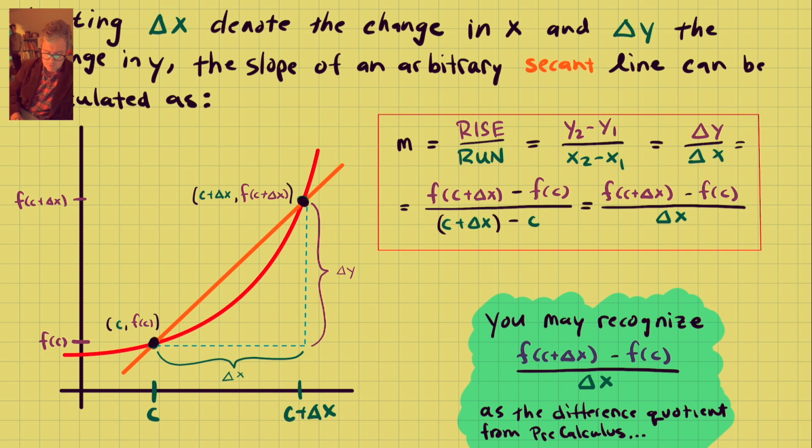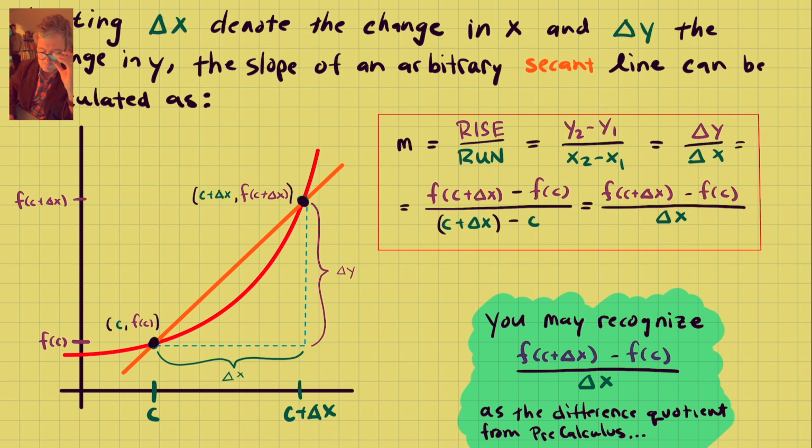And then what's on the bottom? Well, that's the change in x. So that's going to be c plus delta x minus c, and that's what you see here. And of course, c plus delta x minus c, well, the c minus c is just 0, so that denominator is really just delta x.